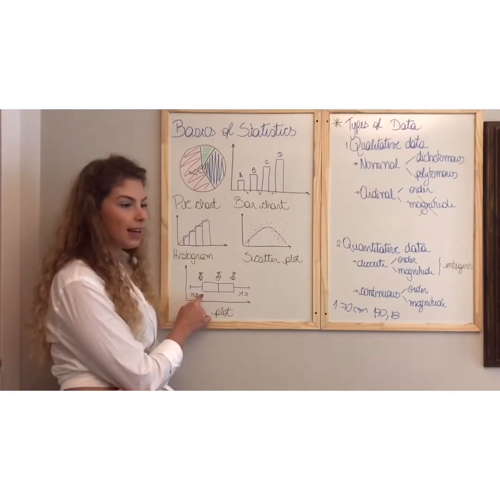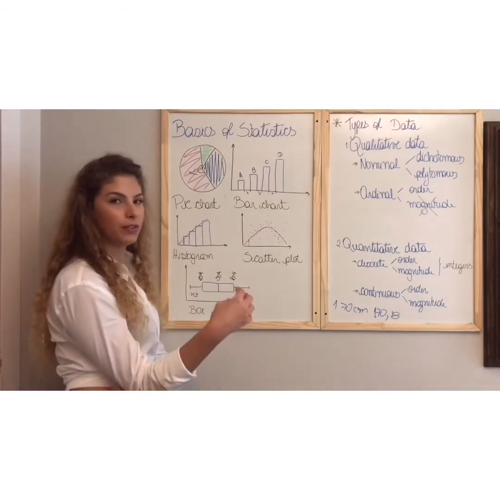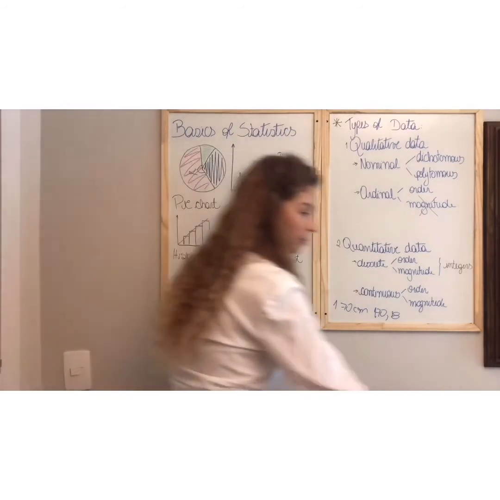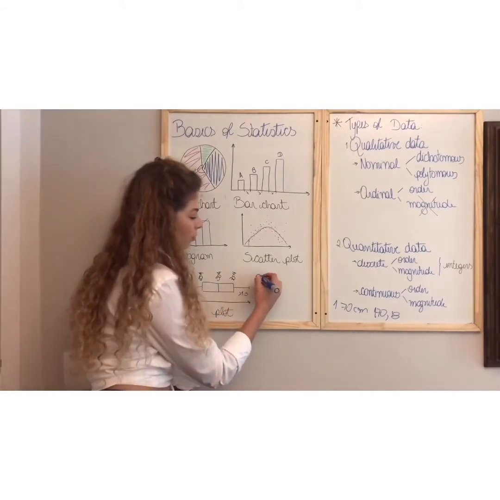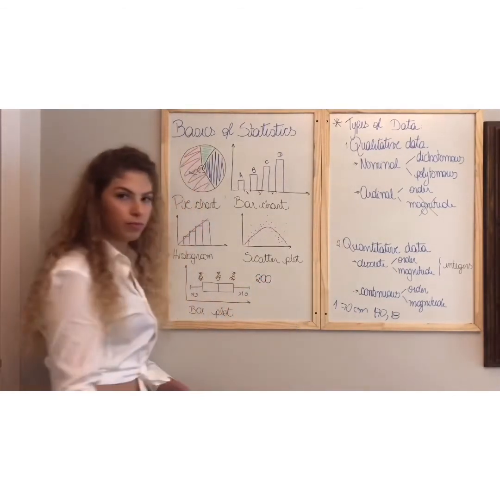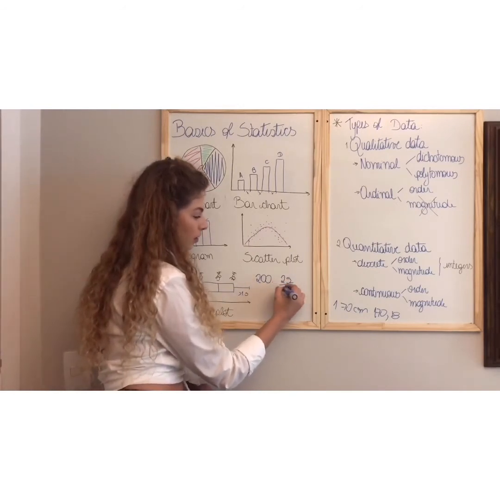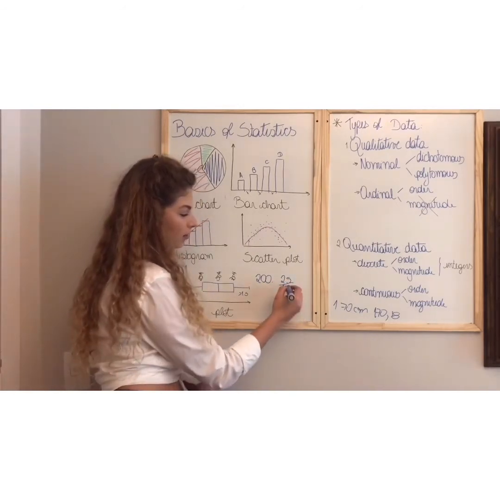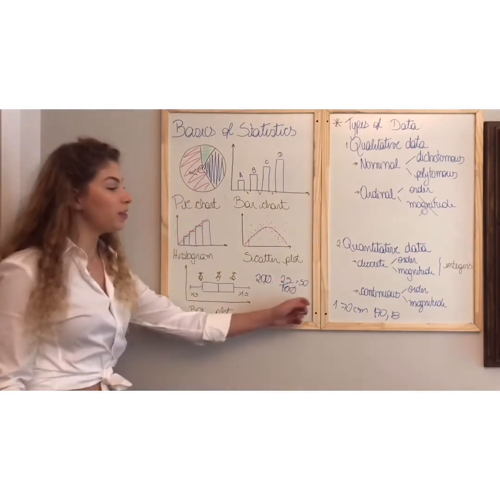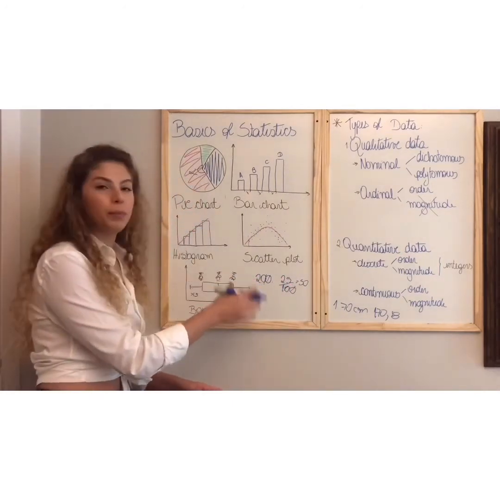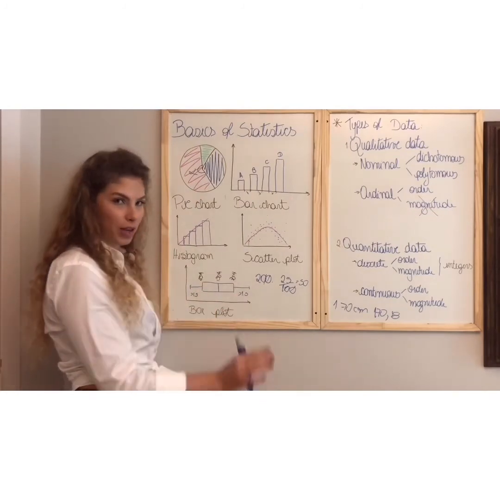For example, if I have a data set of 200 individuals, my 25th percentile would be 25% of 200, so the 50th subject.